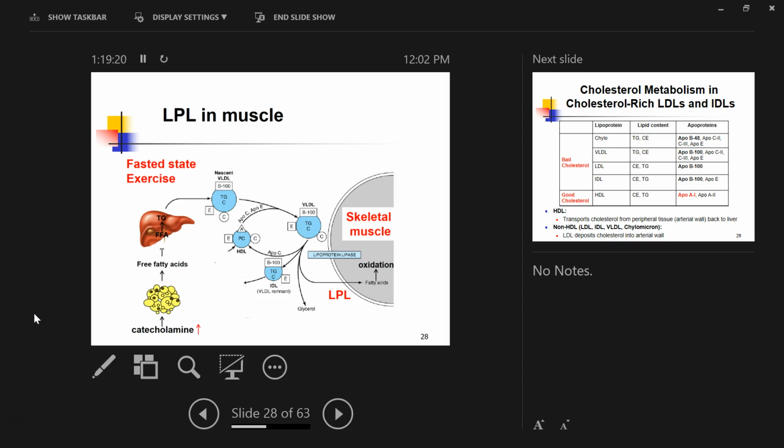So fasting has lots of fatty acids released, and the liver picks them up, synthesizes triglyceride and packs it into VLDL, and transports it to muscle, not adipose tissue, under fasting condition or exercise. So muscle LPL is synthesized and released, hydrolyzes triglyceride in VLDL and picks up the fatty acids. And these fatty acids will go to the oxidation pathway for energy production.